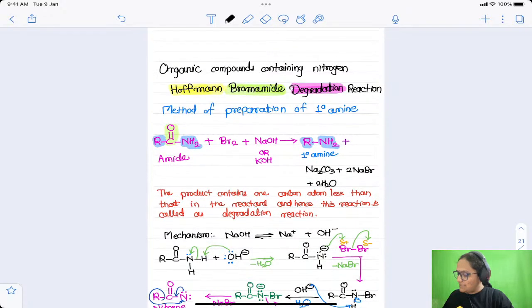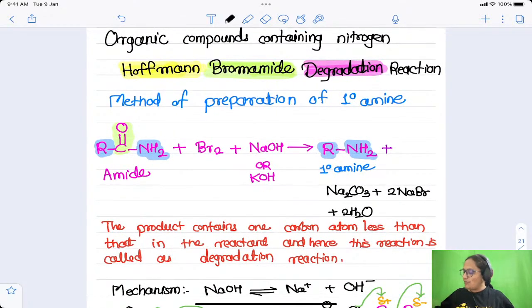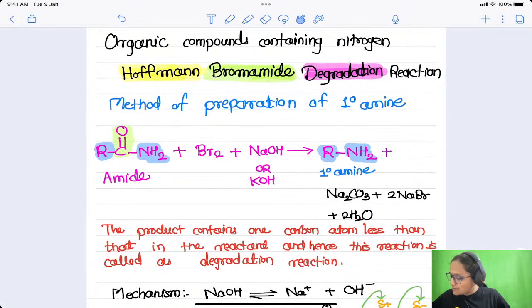So I'll start with this. This is nothing but Hoffmann bromamide degradation. This is the method of preparation of amines. In this, we take the amide, treat it with bromine and NaOH or KOH.